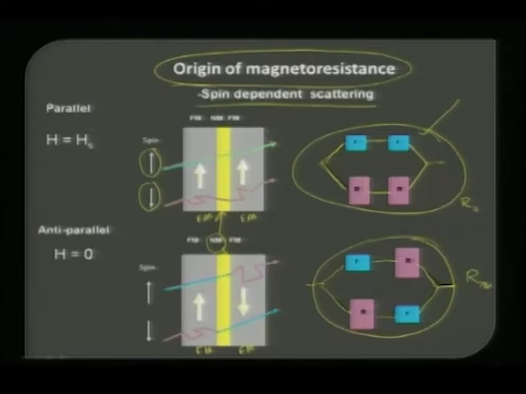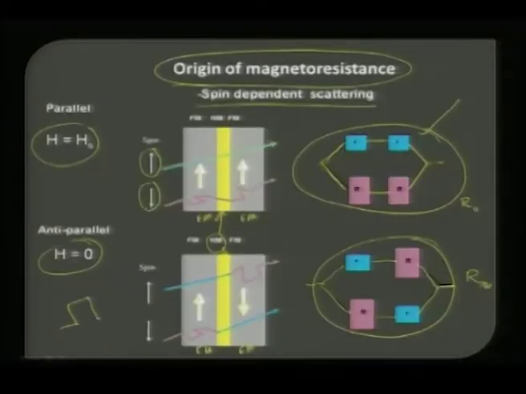In the presence of field and in the absence of field you see a difference. So when magnetic information is to be read, you have a low resistance case or a high resistance case which can flip as a 0 1 0 1 bit, and this property is what is important for reading magnetic storage.